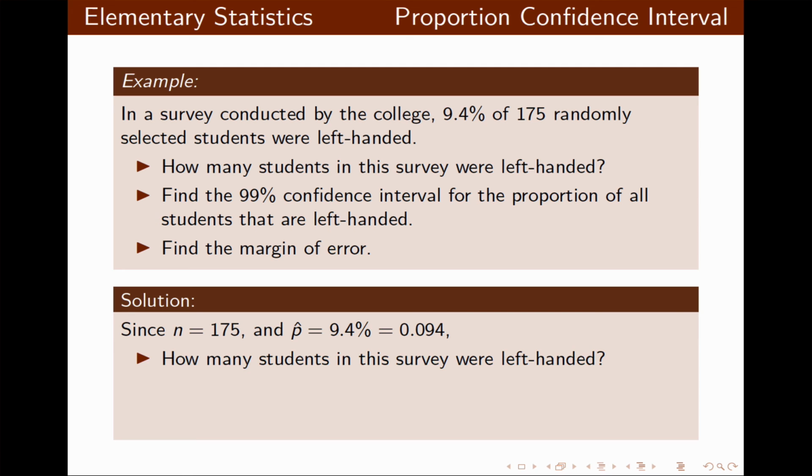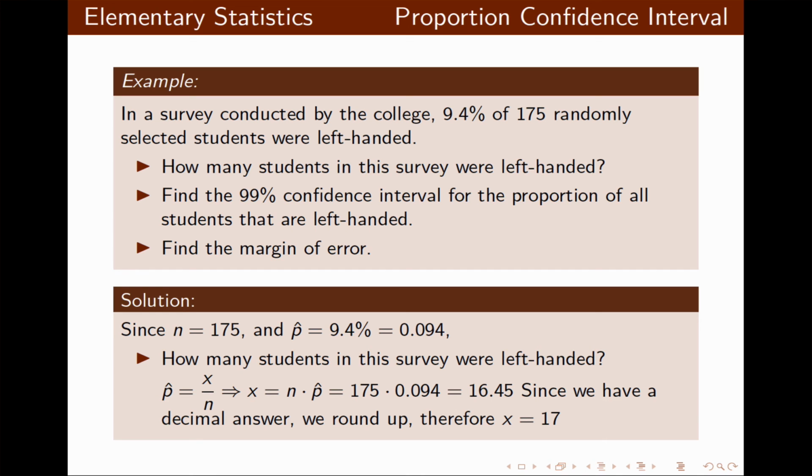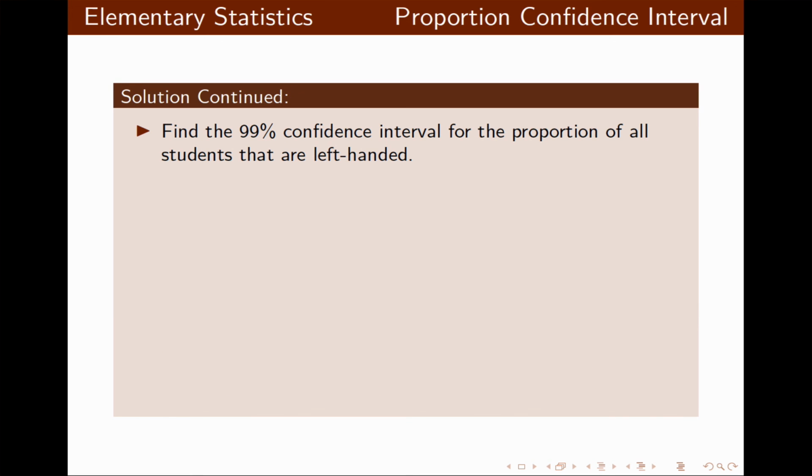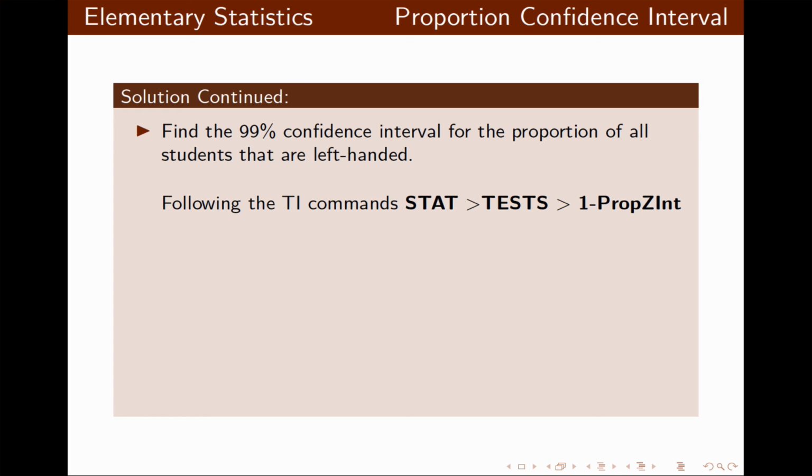To find how many students were left-handed, we're just going to multiply n and p hat. Since this answer is decimal, we're going to round up. So x is 17. Now, to find the 99% confidence interval for the proportion of all the students that are left-handed, we're going to go to Stat, go to Tests, and go to 1-PropZInt.